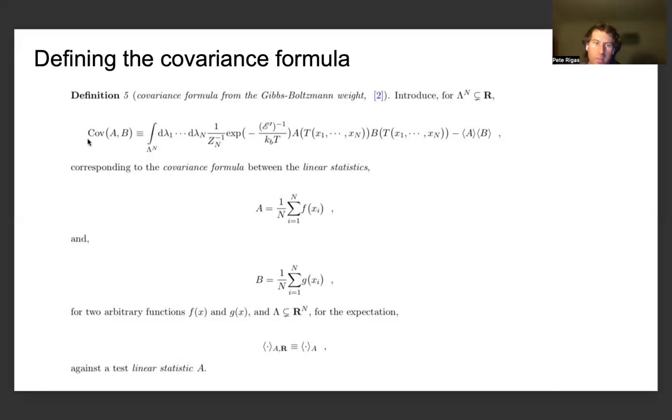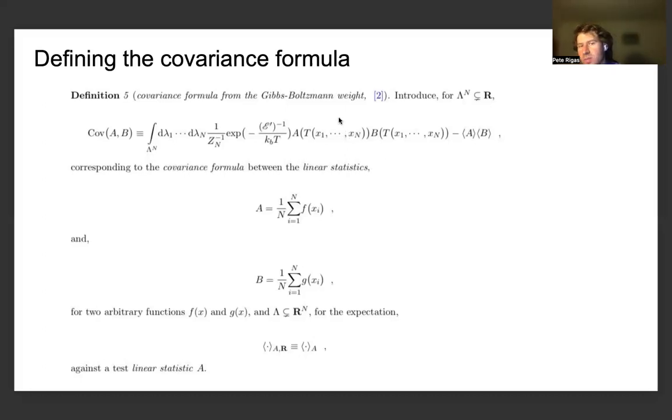And the covariance between these two linear statistics is given by an integral for the first term, in which we integrate against each one of the lambda i over some non-empty subset of R to the n, the reciprocal of the partition function for k equal to 1 times the exponent of the energy function for k equal to 1, as well as multiplying A of t of x1 through xn and B of t of x1 through xn, and subtracting off the expected value of the product of these two linear statistics.